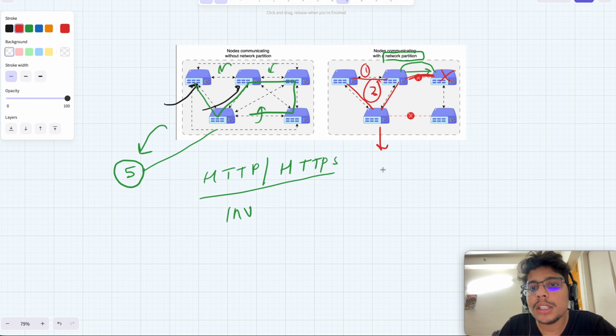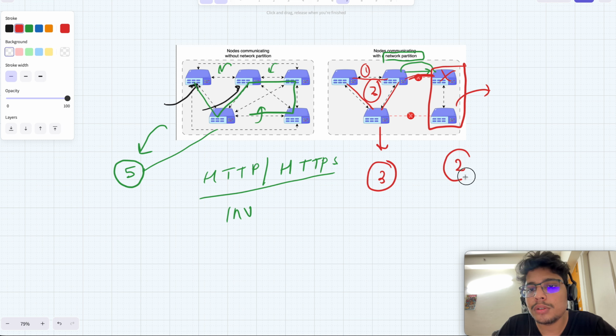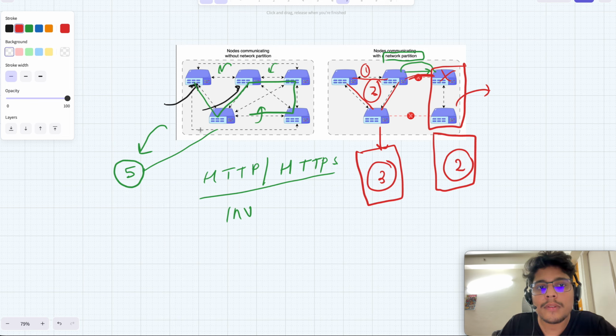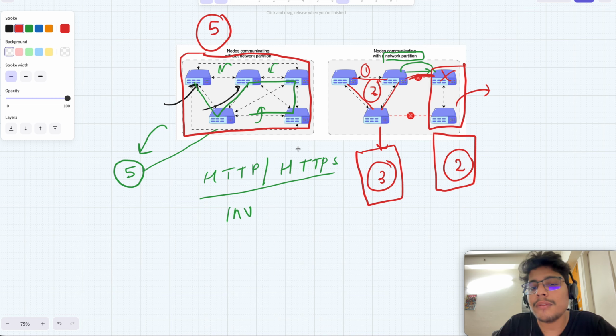So only 3 servers are communicating, and here we have another set of servers which are communicating, but they are different. So here we had a complete distributed system of 5 servers, but now we have 2 distributed systems: one of 3 servers and one of 2 servers.